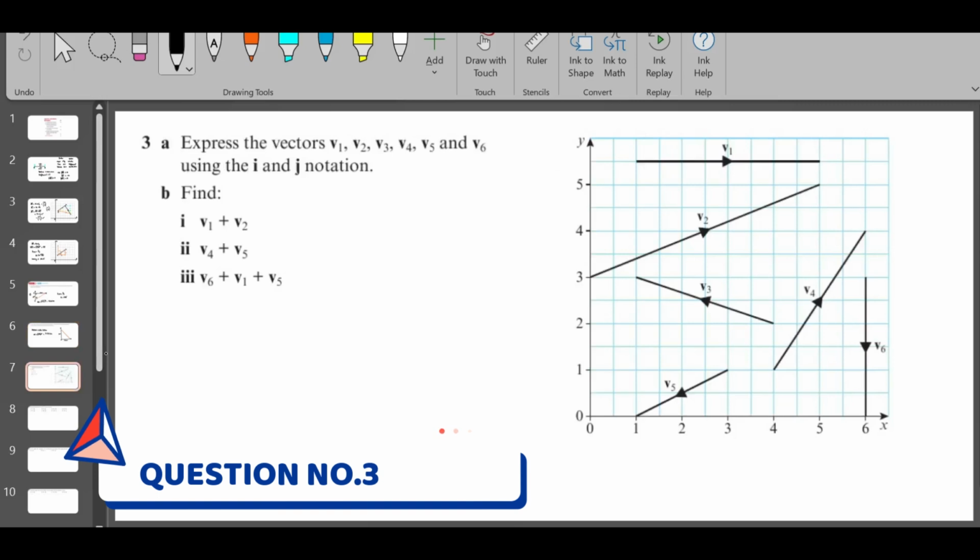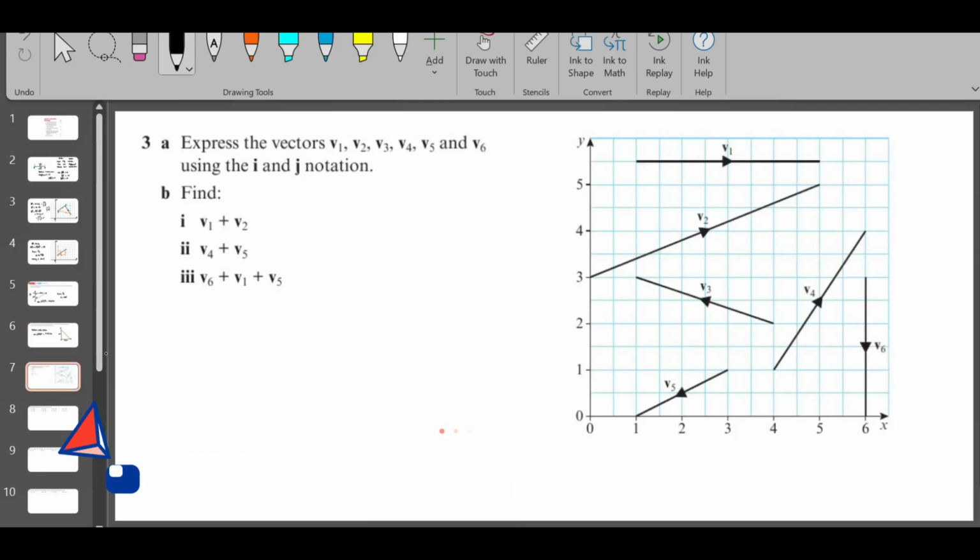Now let's look at question number 3. Express the vectors v1, v2, v3, v4, v5 and v6 using ij notation. Look at v1. Okay, 2 squares are 1 unit. Always remember this actually. In this case, you need to pay attention to the unit given.